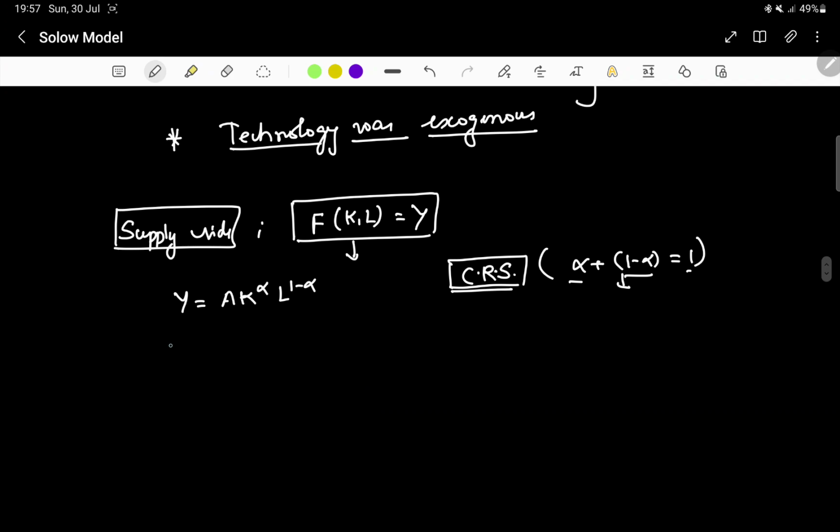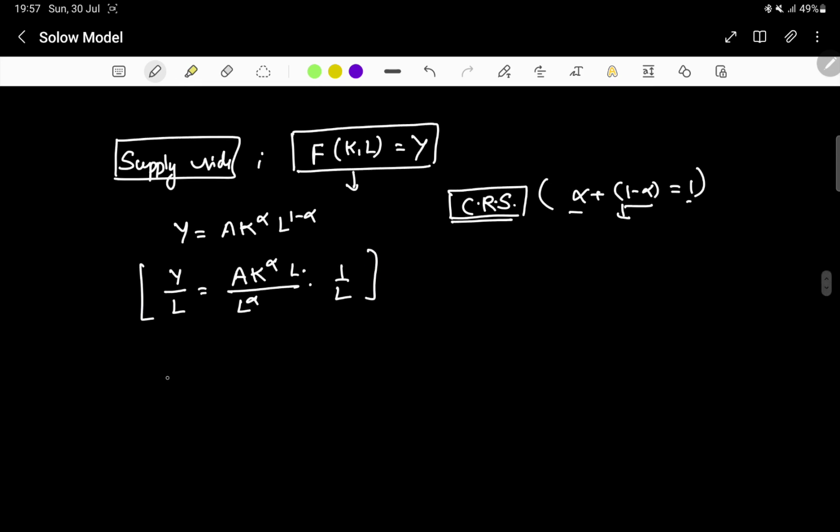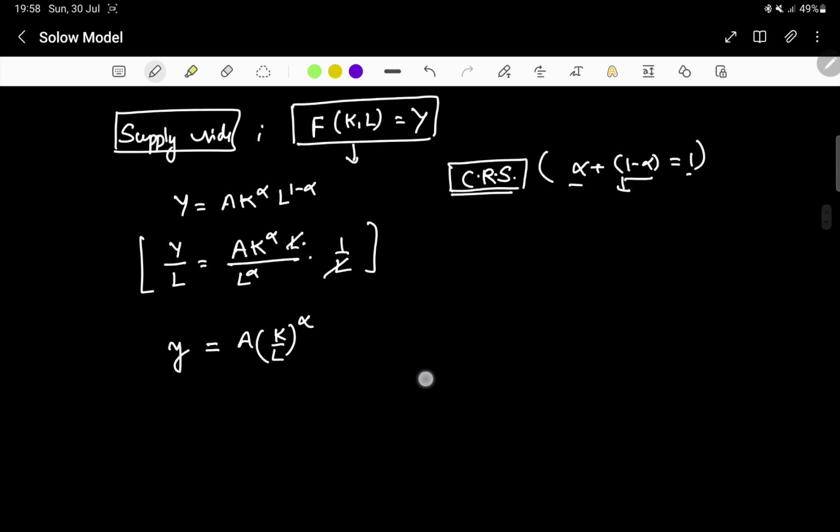Now we will divide it by L on both sides. What will it give? K alpha L to the power 1 minus alpha, divided by L. Now we will write a smaller y to show it is per capita output. Now this is A and this is K by L whole raised to the power alpha, and L will get cancelled out.